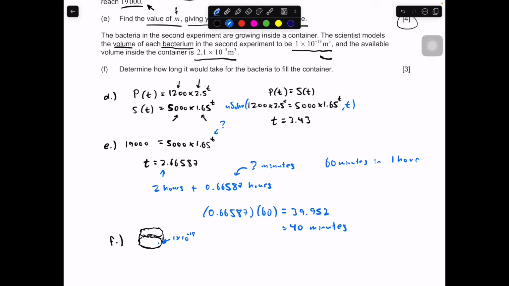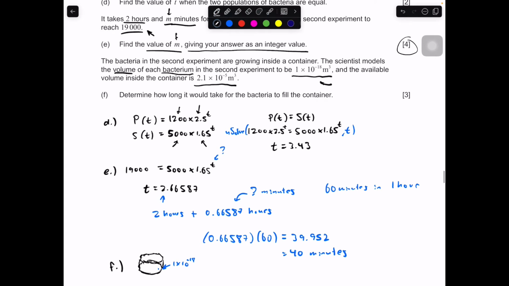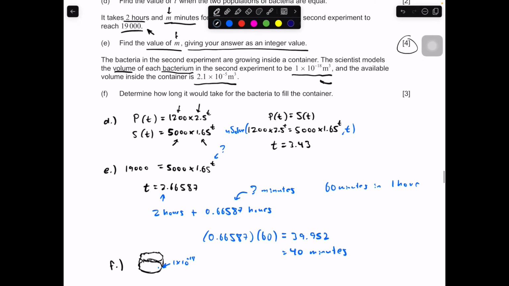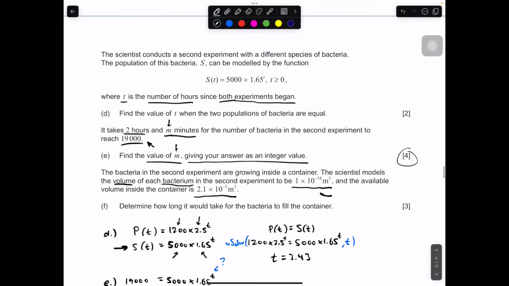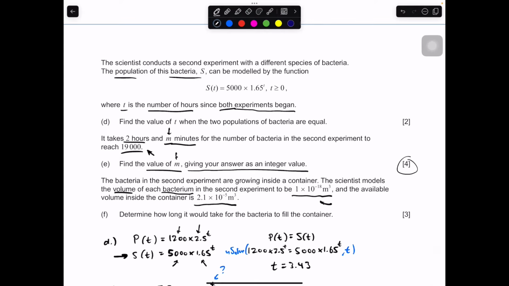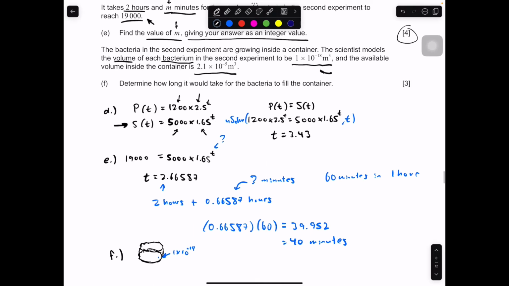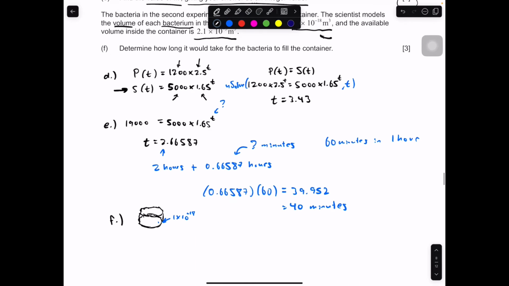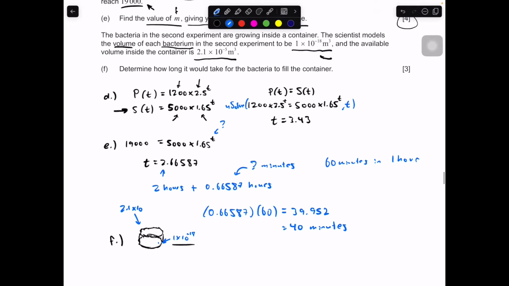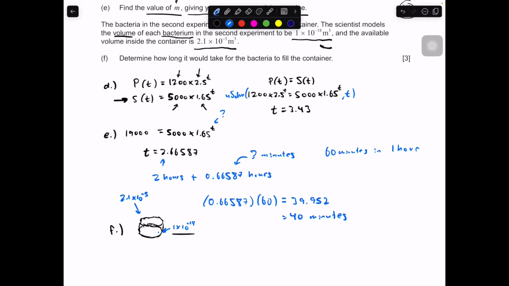And the question is, if we know the growth rate of this bacteria population, which is given by S of t right here, if we know a growth rate for the total number of bacteria, and we know the size of one bacterium, how long will it take to fill up a container that is itself 2.1 times 10 to the negative 5 cubic meters in overall volume?